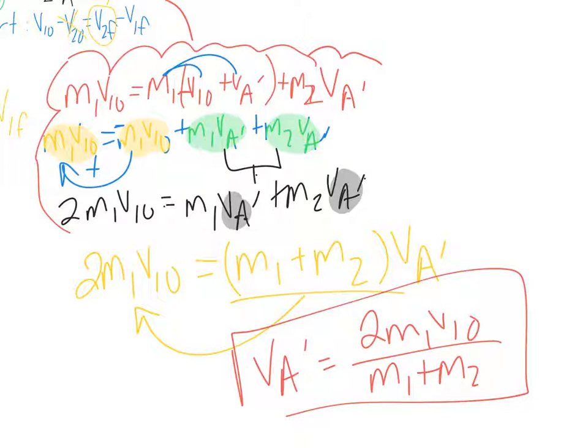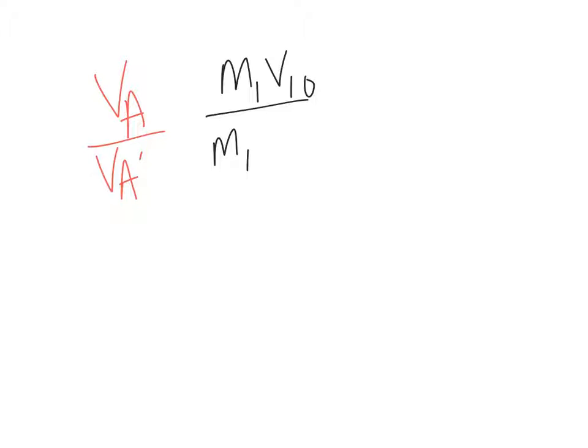So they want it in terms of, what was that equation? M1 VA over VA prime. So lots of algebra. M1 V1 naught over M1 plus M2.